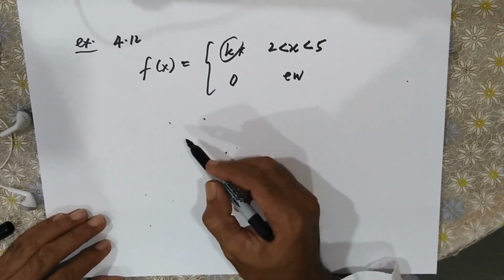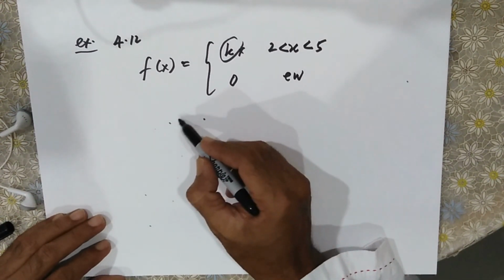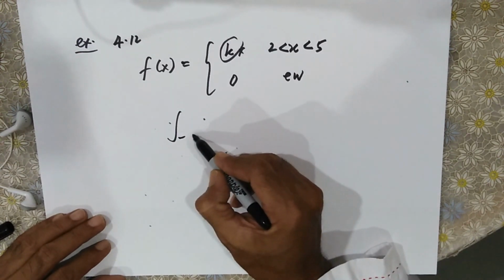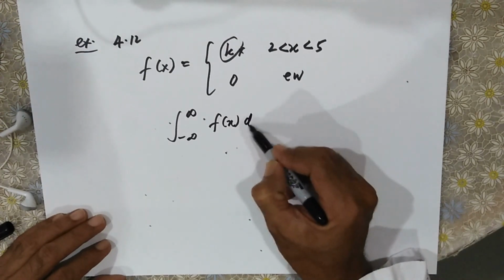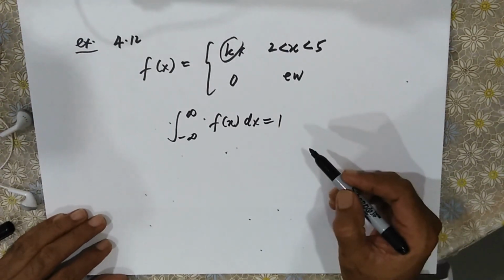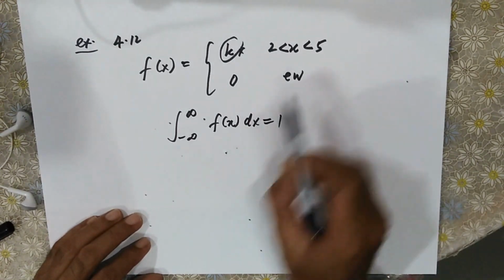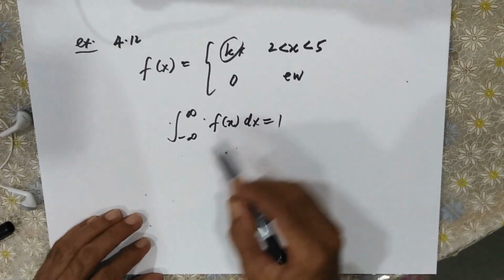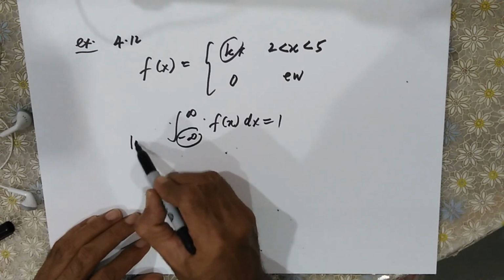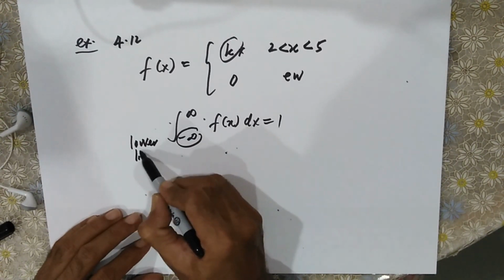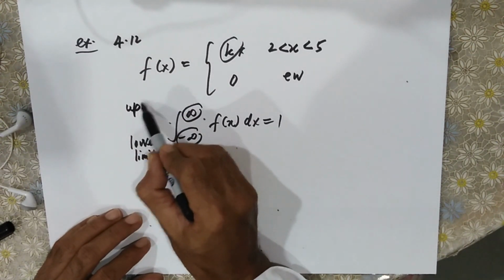To find k, you can use the definition. The definition is that the integration from negative infinity to infinity, f(x) dx must equal 1. For this part, this is referred to as the lower limit, and this part is referred to as the upper limit.